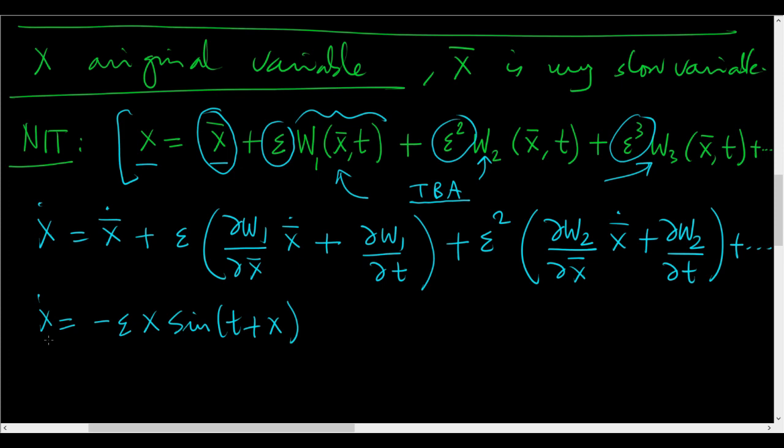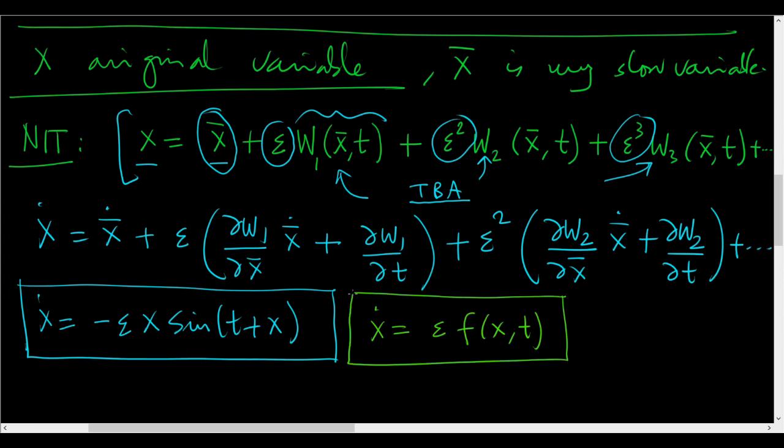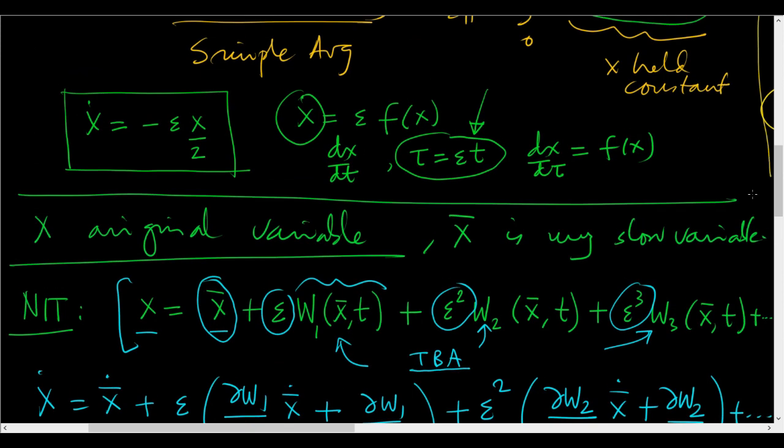This was our problem. We will think of it as x dot equals epsilon f of x and t. This f, of course, is not to be confused with this f.